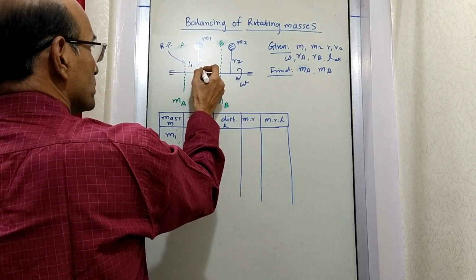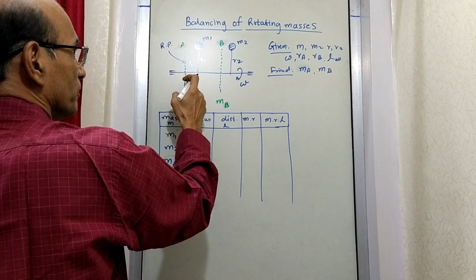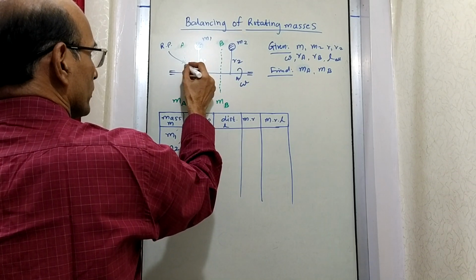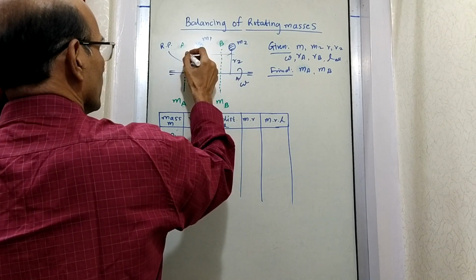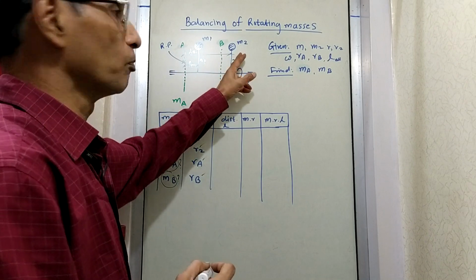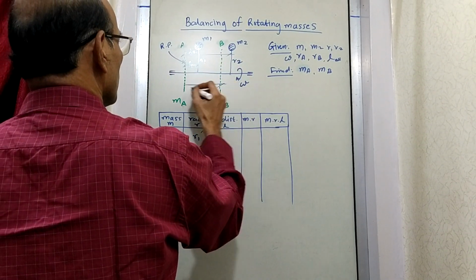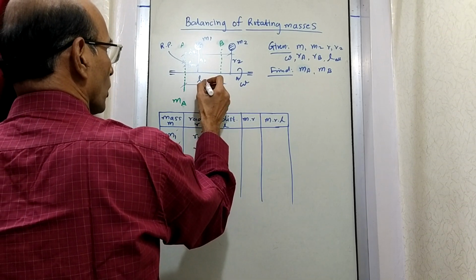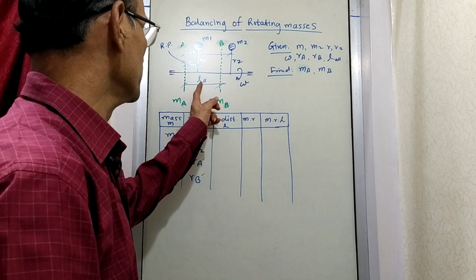So we will call these distances L1, the distance of M1 from the reference plane. Now the distance of M2, I will just show this much. The distance of this mass from the reference plane, we will call L2, from the reference plane to mass number 2. Similarly, the distance from the reference plane of this balance mass, we will call LB.